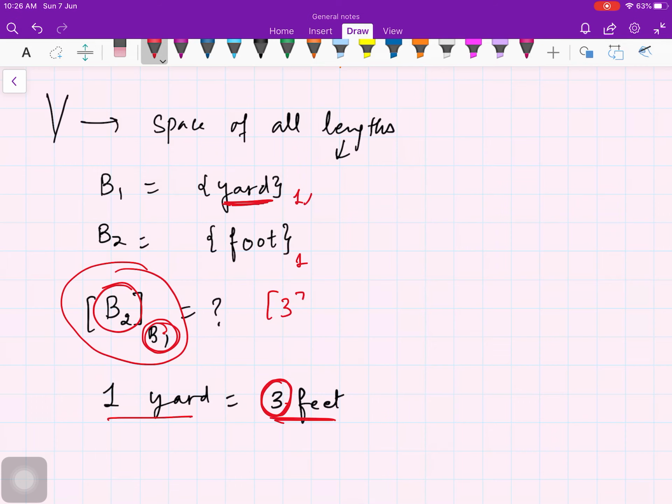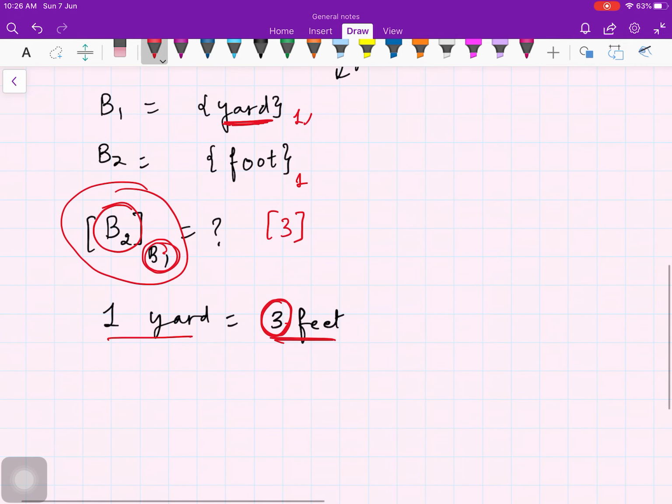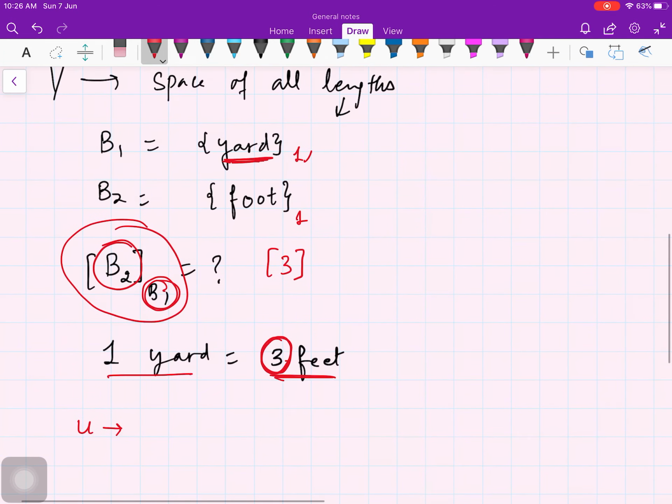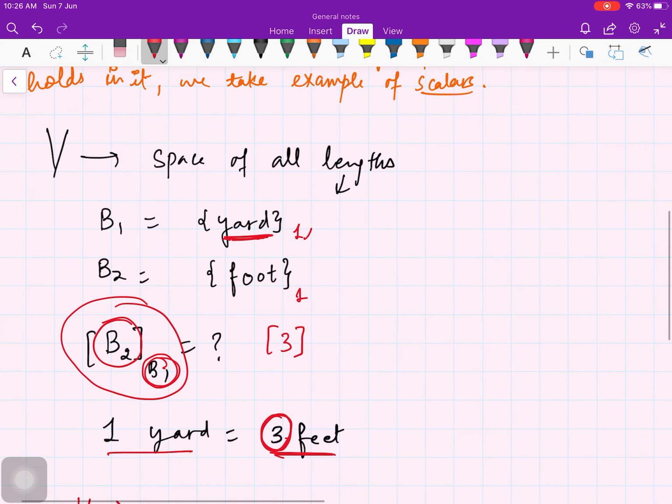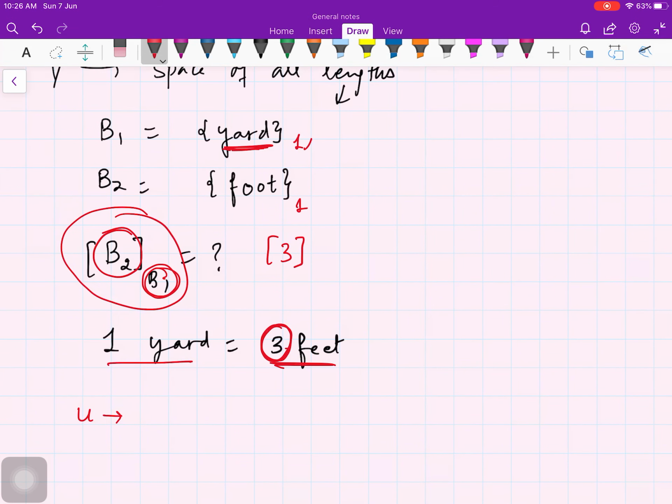So this matrix is 3. This is the transformation from yard to feet.